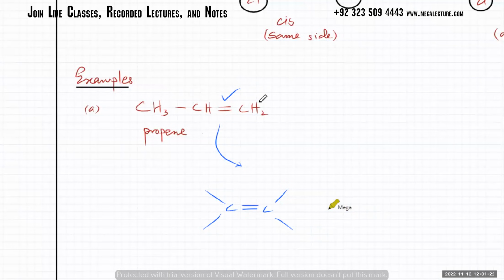Now this carbon over here is attached to two H's, right? The carbon right at the end is attached to two H's. And the carbon over here is attached to one H, and on one side it's got a CH3. Now tell me, will it have another version?